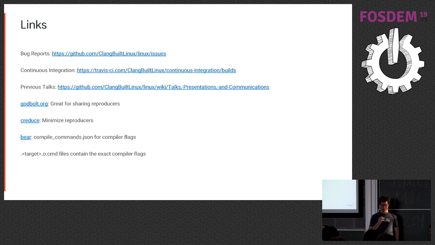Bear is a utility that hooks make and spits out a compile_commands.json file, which you can then feed into static analysis tools like scan-build, the Clang static analyzer, or was it clang-cpp-check, the other utility I think that uses it. Or alternatively, the kernel will spit out .o.cmd files that have all the commands for each translation unit when you build.